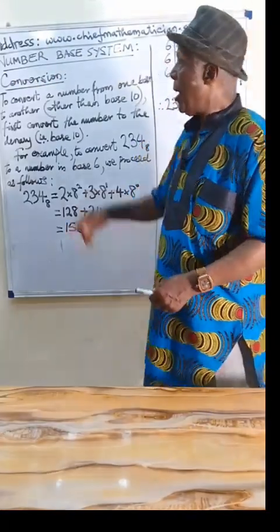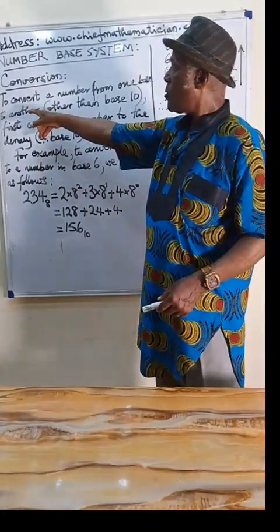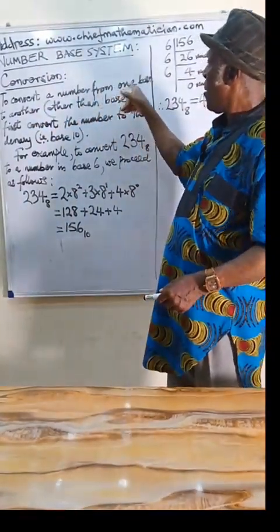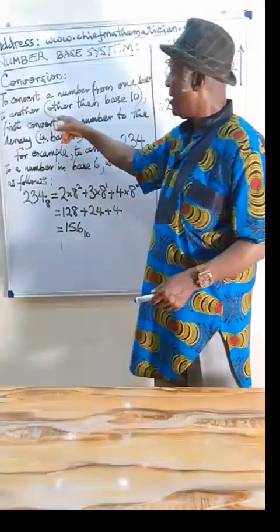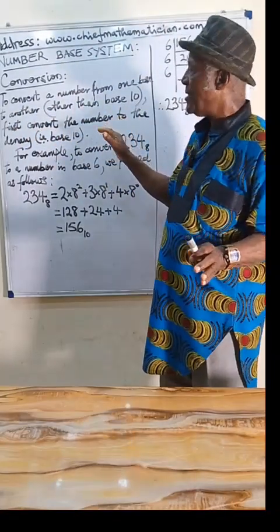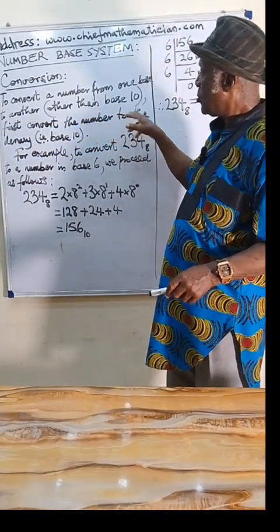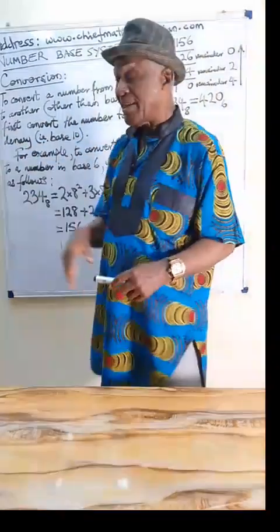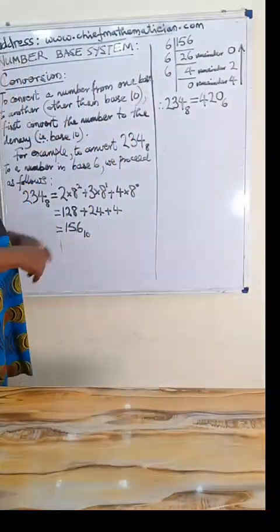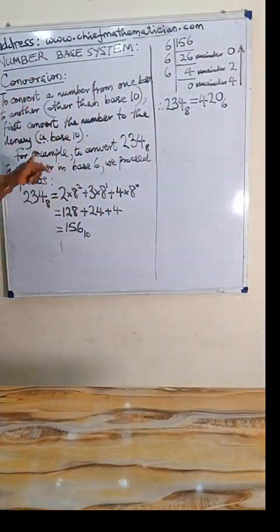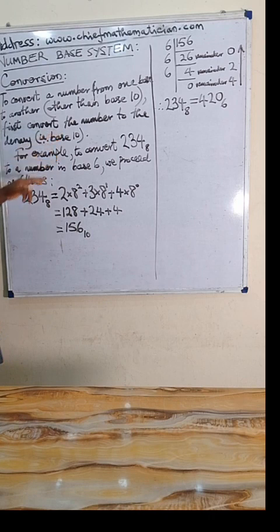This time around, to convert a number from one base to another other than base 10, first convert the number to the denary, that is base 10.